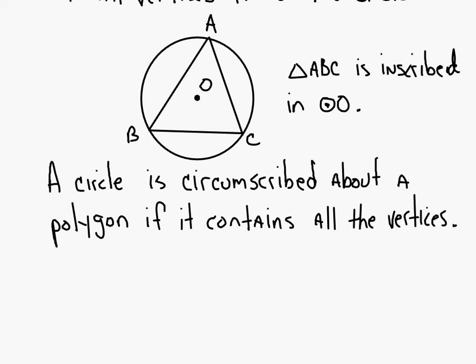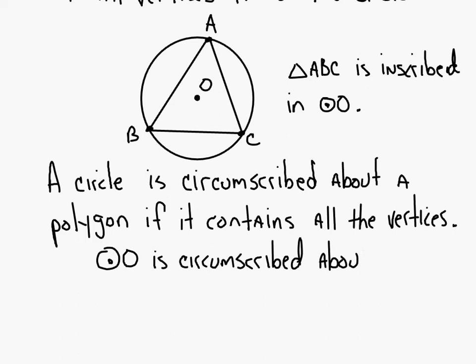So in this case, circle O contains the 3 vertices of triangle ABC. So you can say that circle O is circumscribed about triangle ABC.